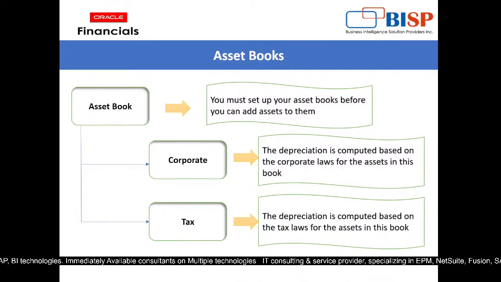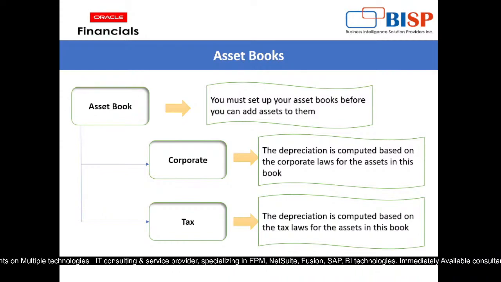So there can be two types of asset books, the corporate book and the tax book. The depreciation is computed based on the corporate laws for the assets which are placed in that asset book. Say if I have US Corp as an asset book, then based on the US corporate laws, we will be applying the depreciation on the assets belonging to that US Corp book.